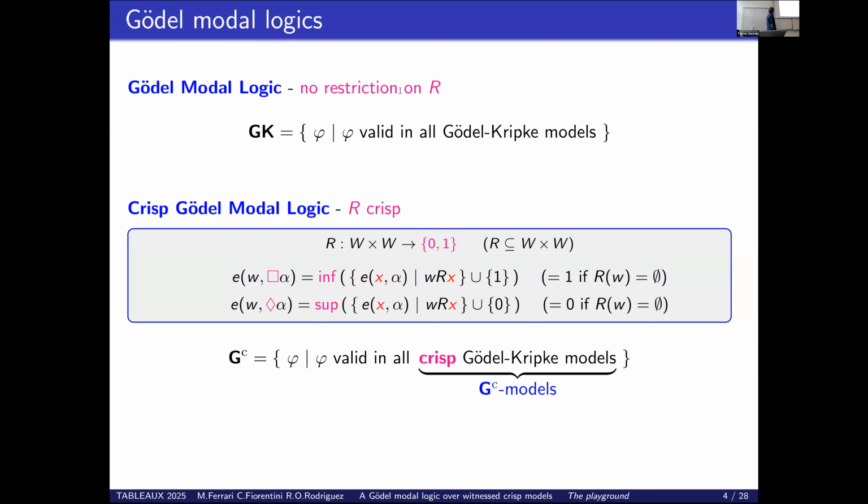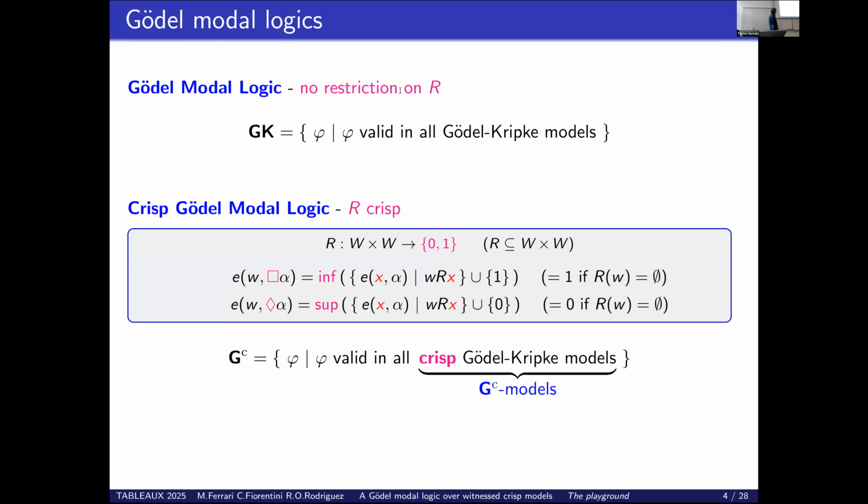If you restrict the relation to be essentially the classical one, instead of weight over [0, 1], you take only 0 and 1, you can rewrite the interpretation of boxed and diamond formulas as the infimum over the usual interpretation of boxes and diamonds over crisp models.